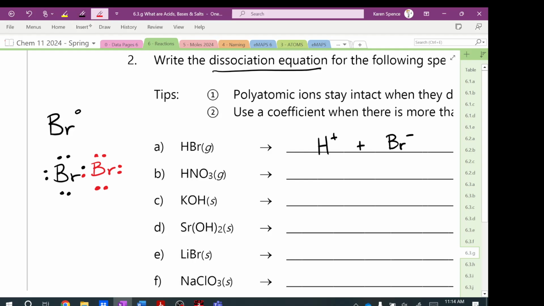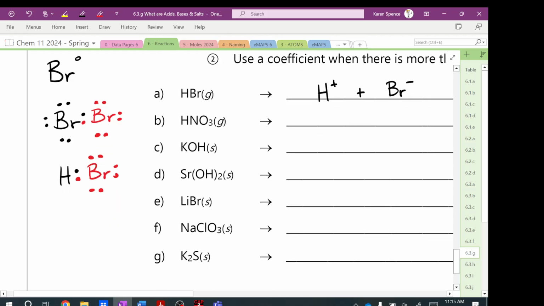Whereas with HBr, we have the H, which has 1 electron, and the Br, which has its 7 electrons. When it splits apart, the hydrogen leaves without an electron, so it ends up having a positive charge, and the bromine leaves with that extra electron from the hydrogen.